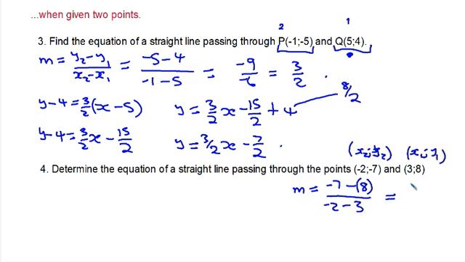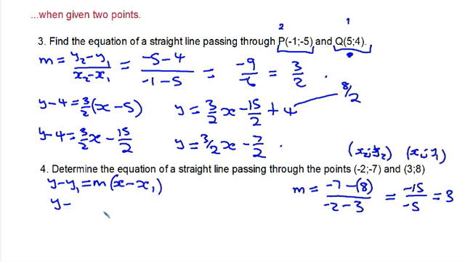So this is equal to negative 15 over negative 5, which is equal to positive 3. And then choose any one of the 2 points and substitute into the formula y minus y1 is equal to m bracket x minus x1.